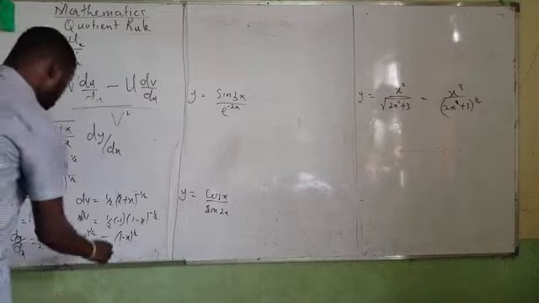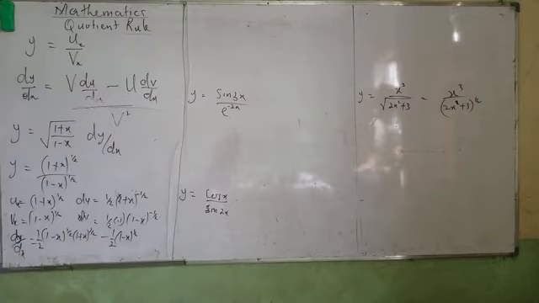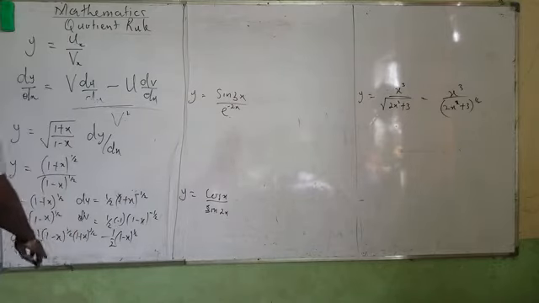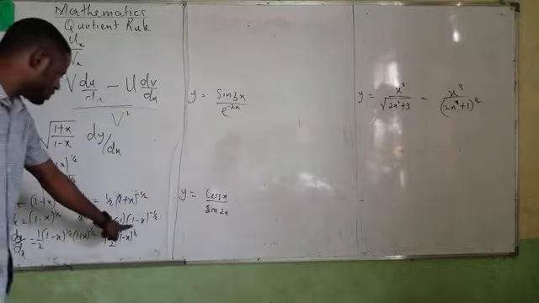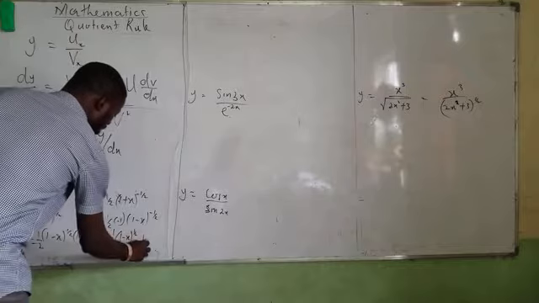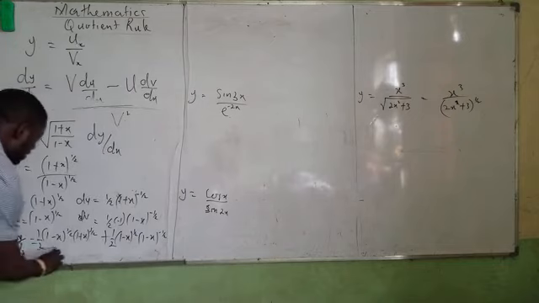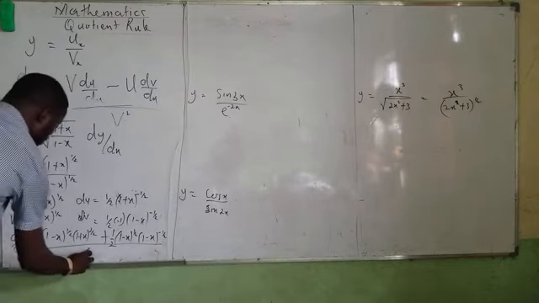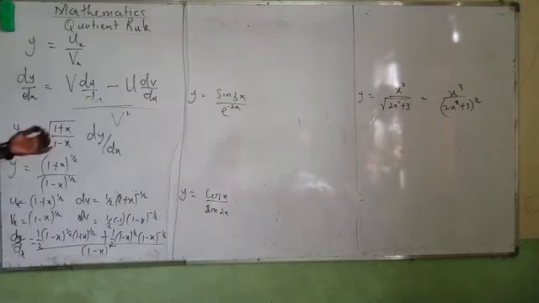And the dv will be 1 over 2 bracket of, hope I'm not making a mistake. And this will be equal to, there is a minus here. This minus will turn this one to plus, and 1 over 2, which I'll be having (1 minus x) to the power 1 over 2. Now, by so doing that, everything divided by v squared will be 1 minus x, that is bracket of 1, because the square of this will be 1.